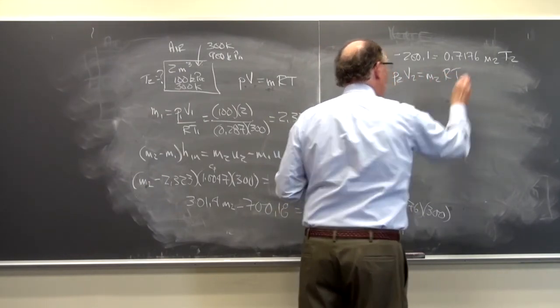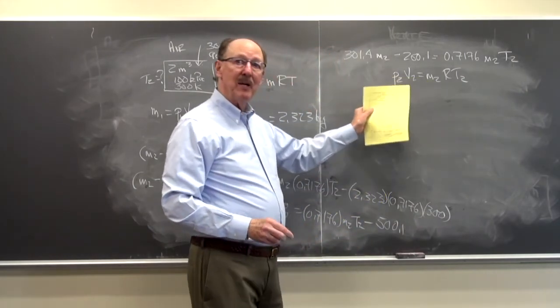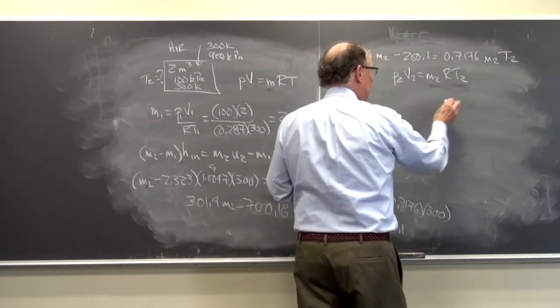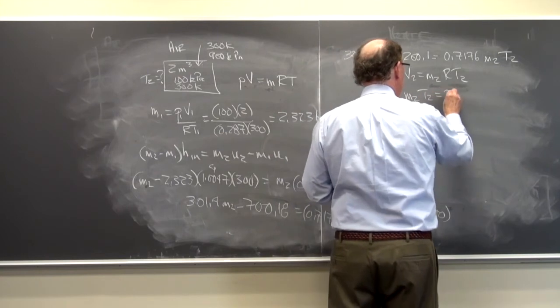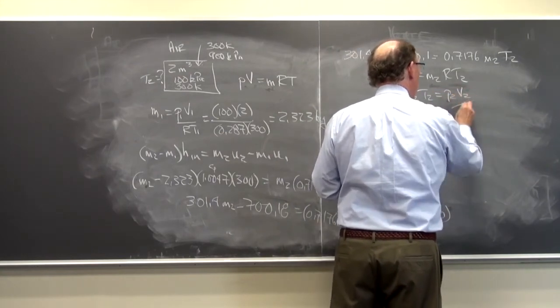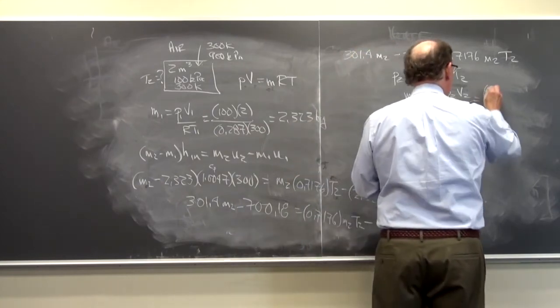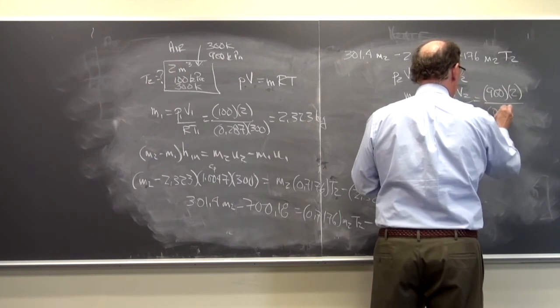Well, I know P2 and V2 and R, so I don't need to know this explicitly. So M2T2 is equal to P2V2 over R, which is equal to 900 times 2 divided by 0.287.